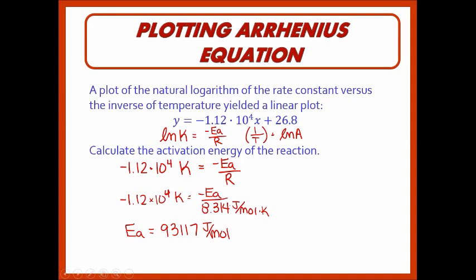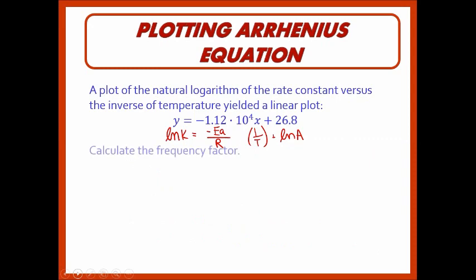Now usually we'll express the activation energy in kilojoules per mole, so we'll need to divide by 1,000 joules in every 1 kilojoule, and so we would get the activation energy to be equal to 93.12 kilojoules per mole.